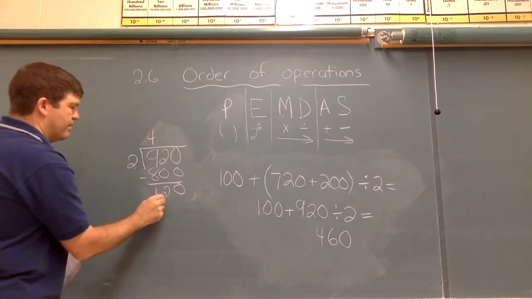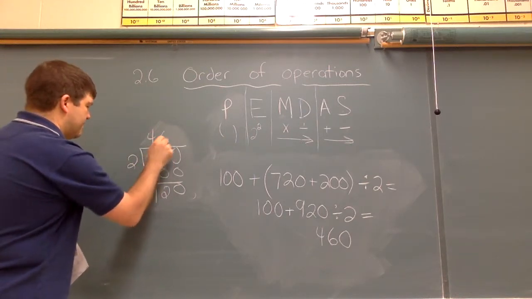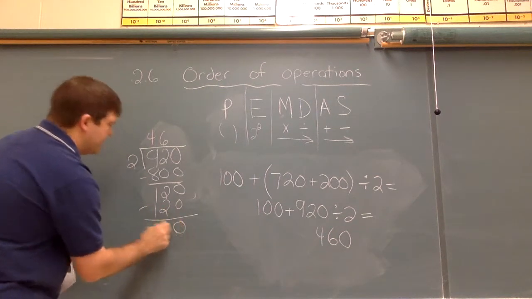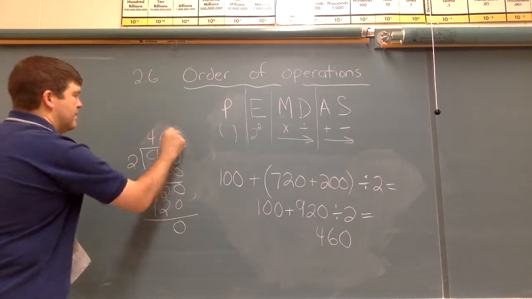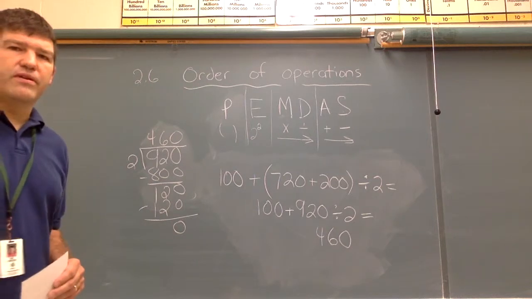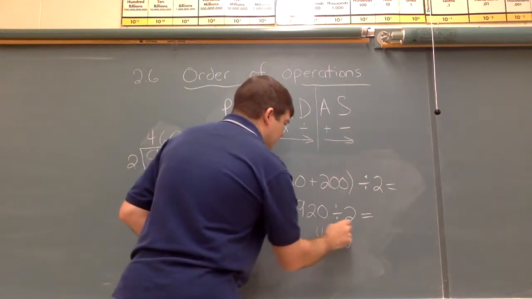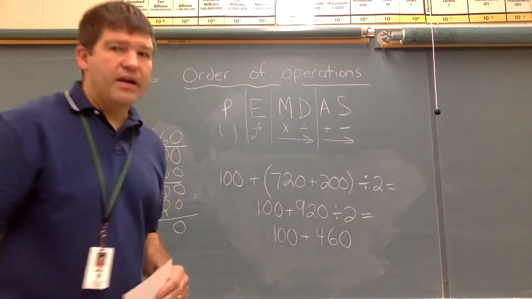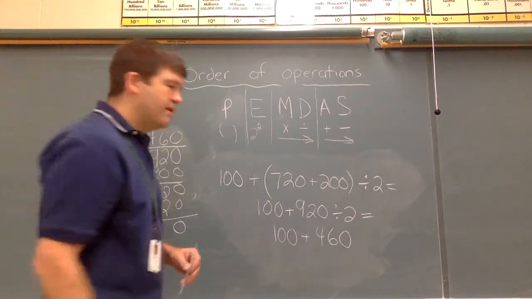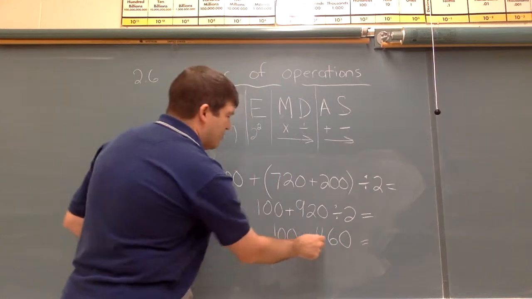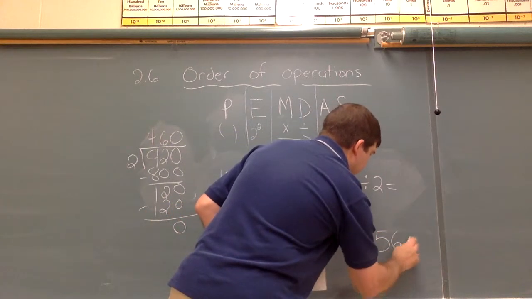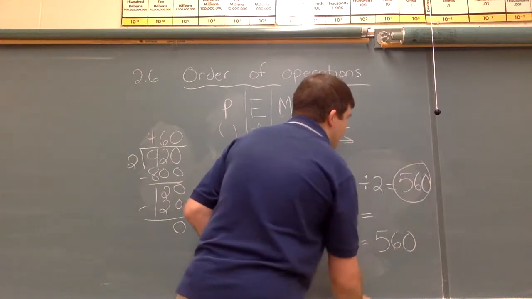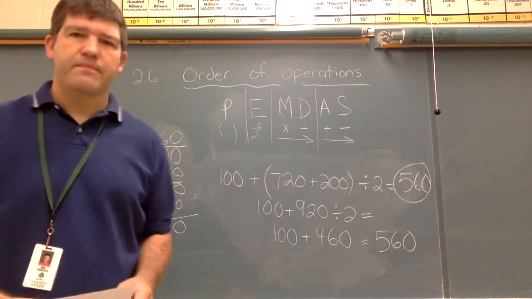How many 2's go into 12? 6. 6 times 2 is 12. And that's 0. And 0. How many 2's go into 0? Well, none do. And so you have 460. So 460, I did that. Then I bring down this. Only one operation left. It is addition. And so I take 100 plus 460, gets me to 560, which is my answer.